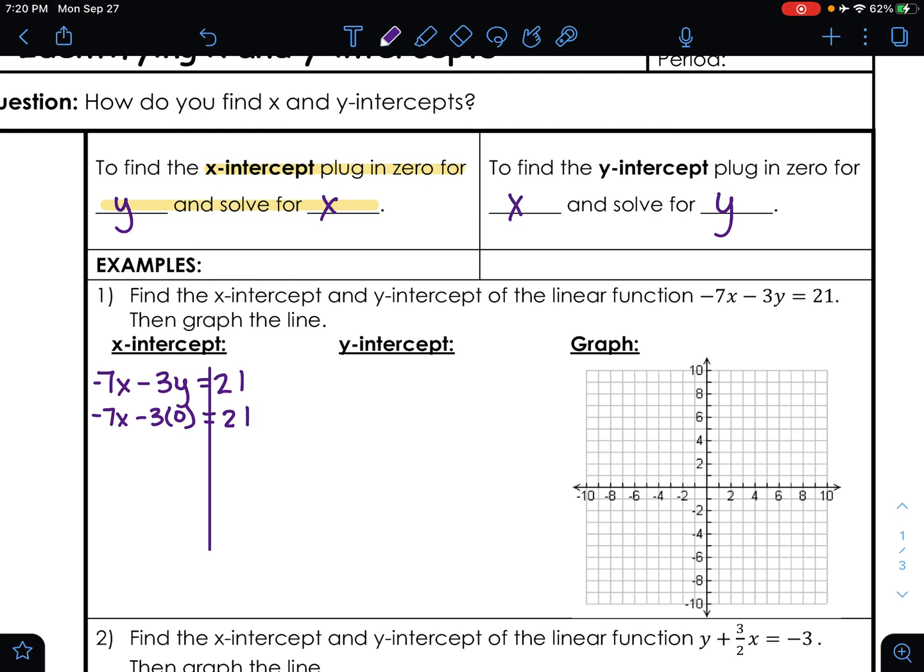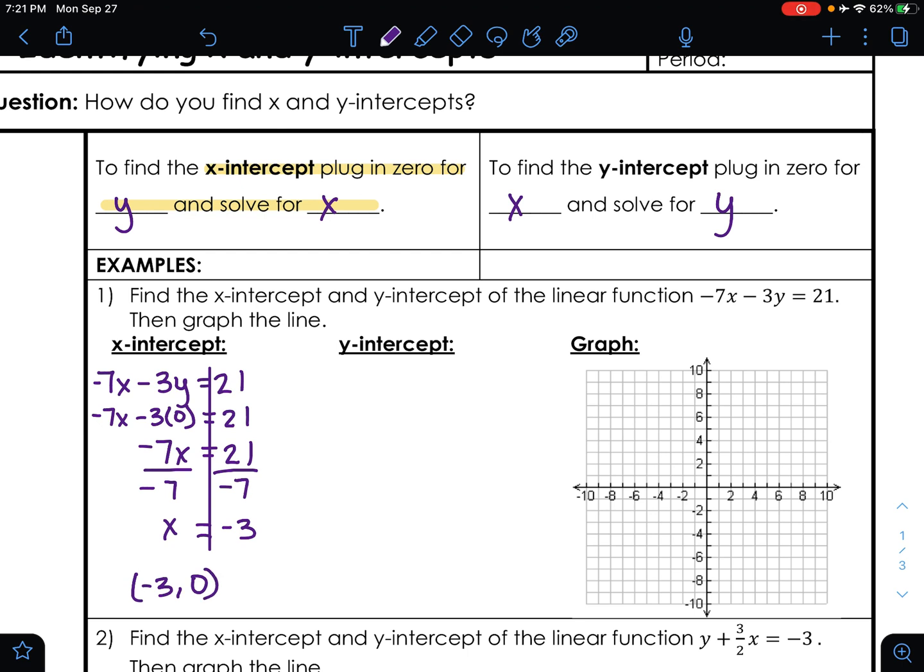Negative 3 times 0 is 0, so I'm just left with negative 7x equals 21. To get x by itself, I'm going to divide both sides by negative 7. And I get x equals 21 divided by negative 7, which is negative 3. Therefore, my x-intercept is negative 3, 0.